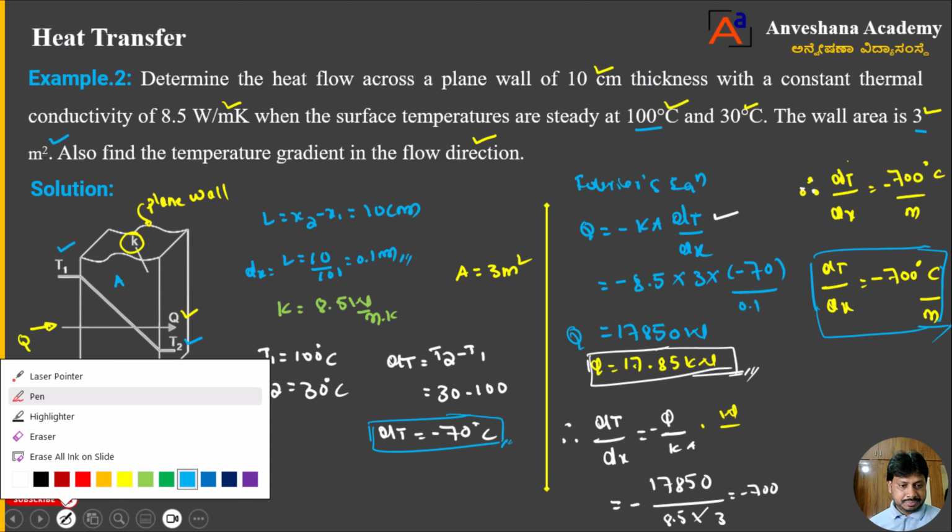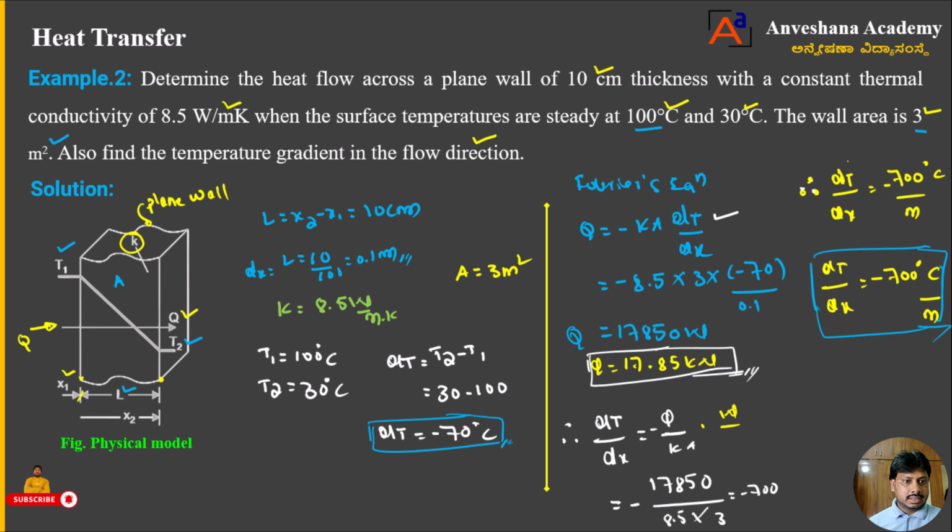And one more thing, you have to keep it in mind. This schematic diagram I can express in terms of a heat conduction circuit. So here it is T1, then there is a resistance. When heat is flowing, there is some resistance. That resistance is represented as R actually.